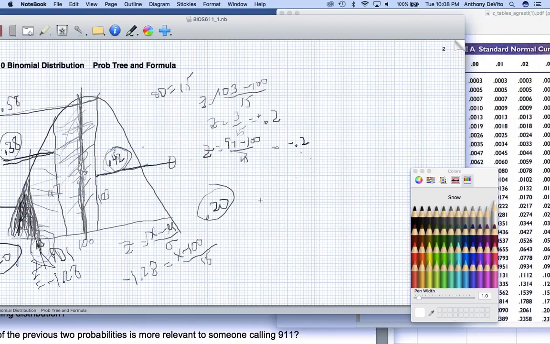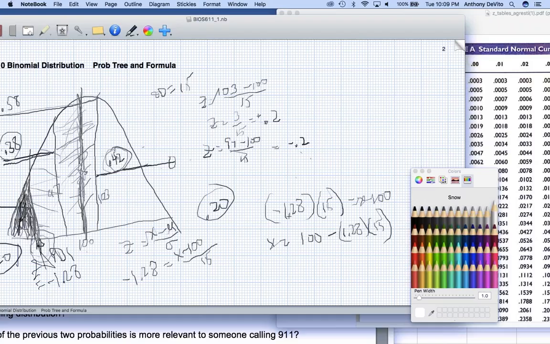So I'm going to cross multiply. It's going to come out to be minus 1.28 times 15 is equal to X minus 100. I'm going to move the 100 over to the other side. So X is going to be equal to 100 minus 1.28 times 15.